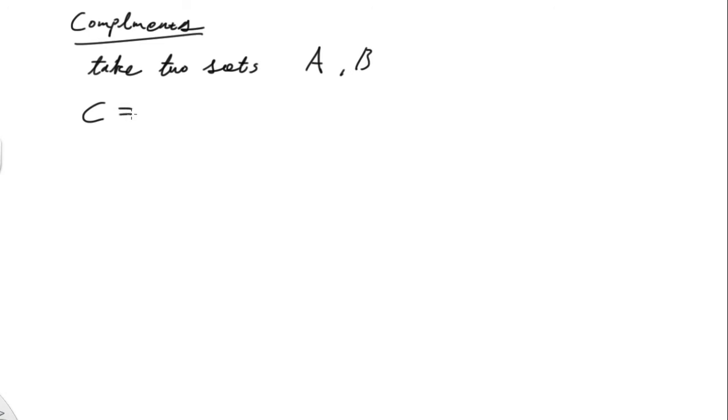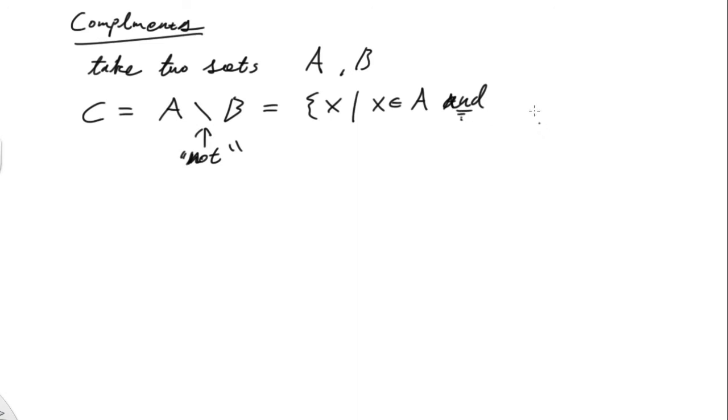Now, I'm going to call the set C to be defined as A not B, and that symbol there means not. And what that equals is the set of all objects X such that X is in A and, that's my logical operator, X is not a member of B. Okay, so it works a little like set intersection.